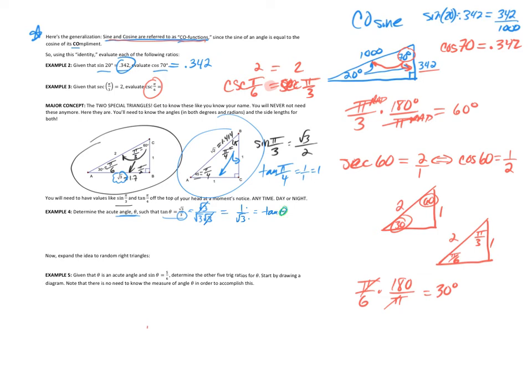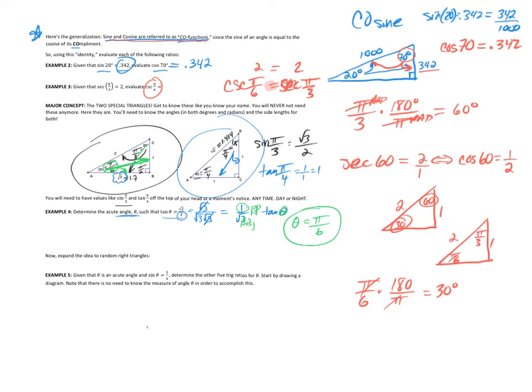It has an opposite side of 1 and an adjacent side of root 3. That pi over 6 has an opposite side of 1 and an adjacent side of root 3. So that angle must be pi over 6.